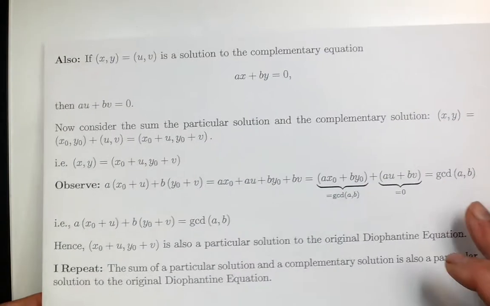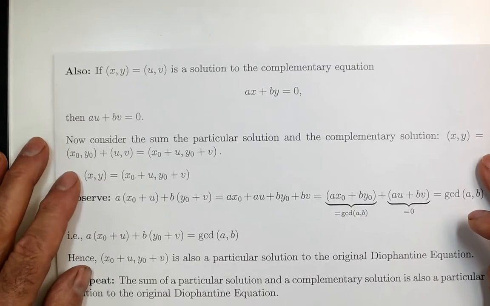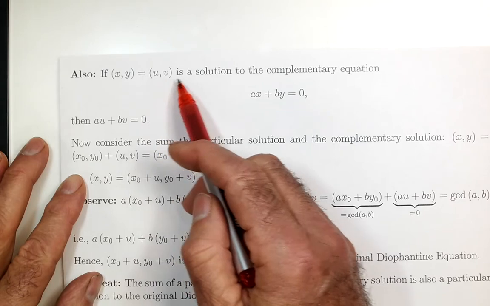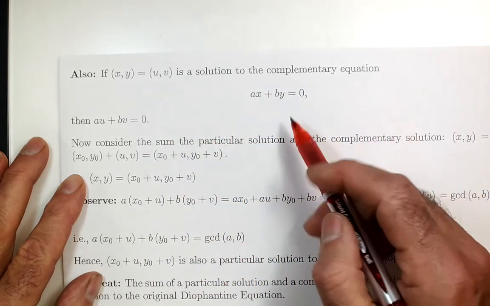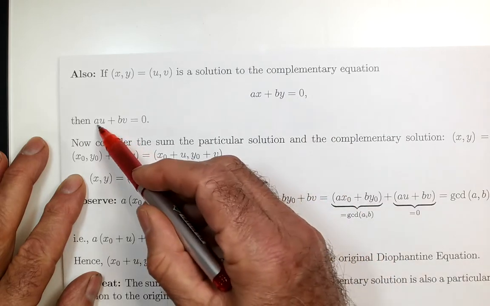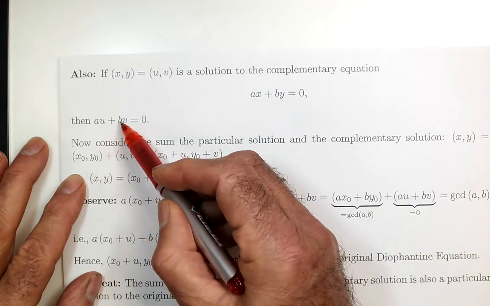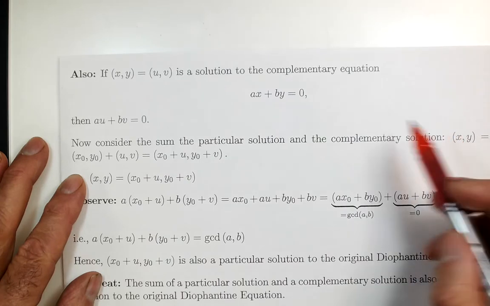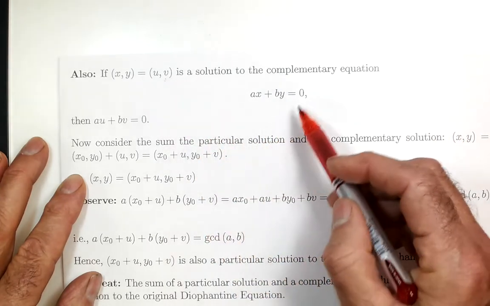Now, let's consider (u, v). If x equals u, y equals v is a solution to the complementary equation, ax plus by equals 0, then a times u plus b times v is 0. That's what it means for this to be a solution to that equation.